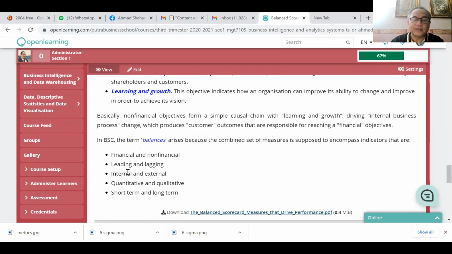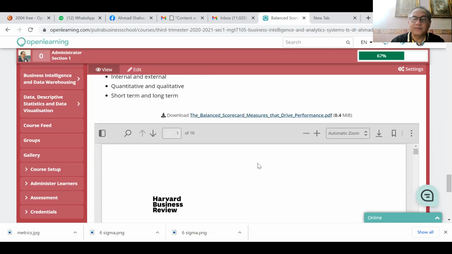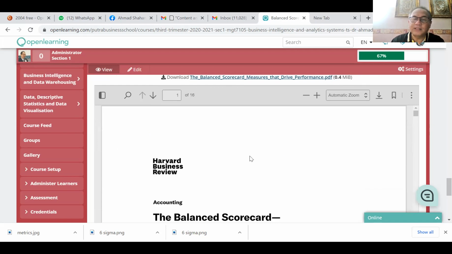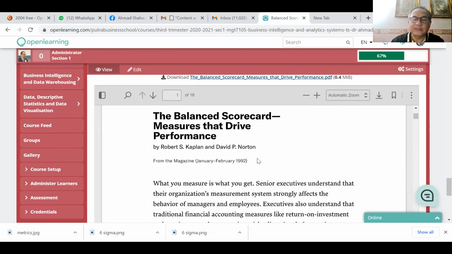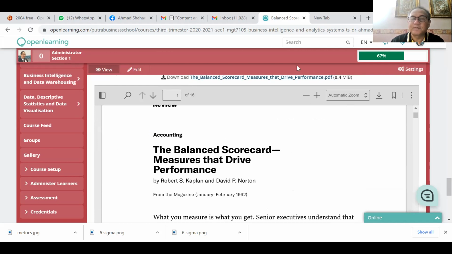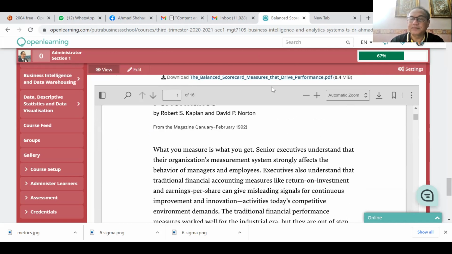Leading is what we referred to just now, which is the driver KPI, and lagging is the outcome KPI. And then we have internal and external, quantitative and qualitative, and short term and long term. There are detailed papers; there are other papers, but this is the basic paper when they were first written by Kaplan and Norton. Any questions on balanced scorecard?